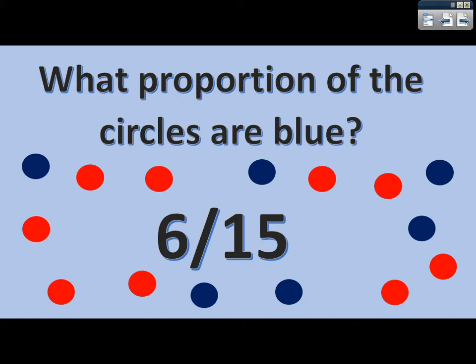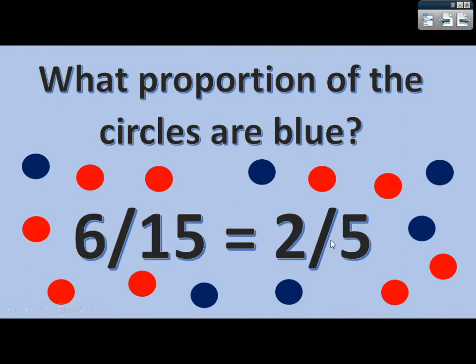Divide them both by 3 and you'll get a simplified fraction. 6 divided by 3 is 2. 15 divided by 3 is 5. 2/5, 2 out of 5. So we can say 2/5 of the circles are blue. 2 out of 5 circles are blue. 2 in every 5 circles are blue. We can say all those things.